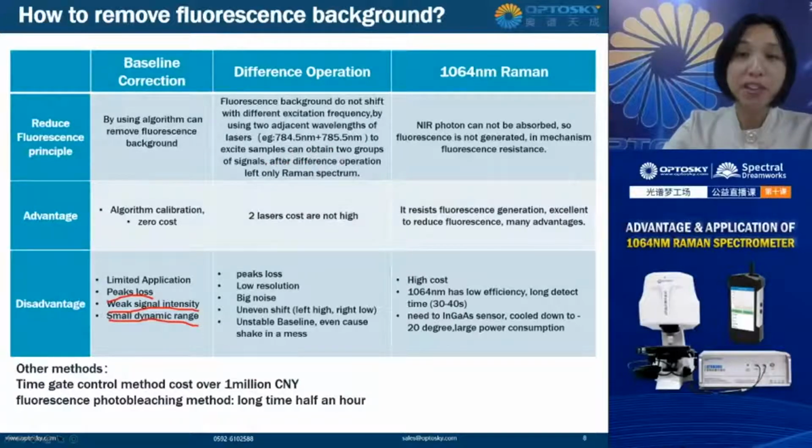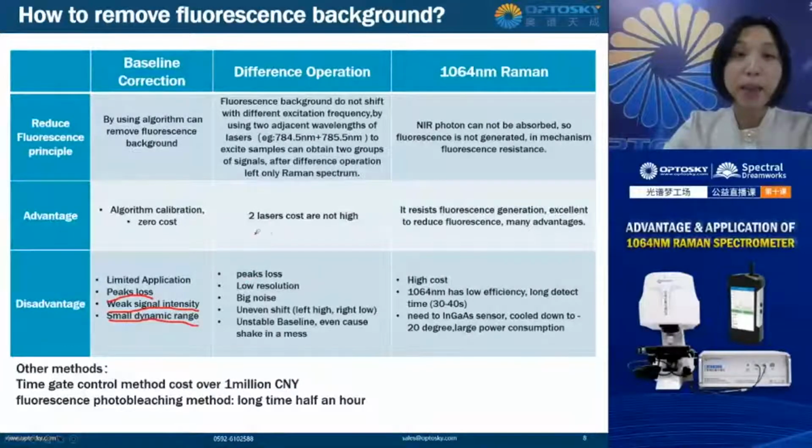After the difference operation, only the Raman spectrum is left. It just needs two lasers. Laser cost is relatively not high, so the advantage is that the cost is acceptable.